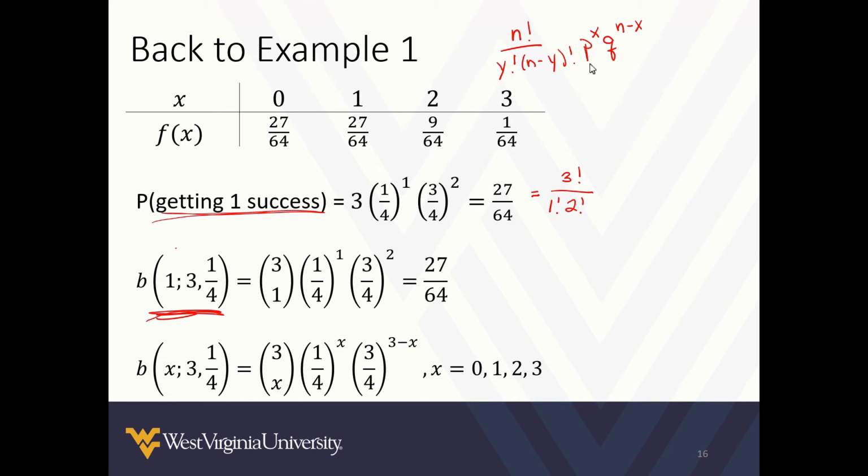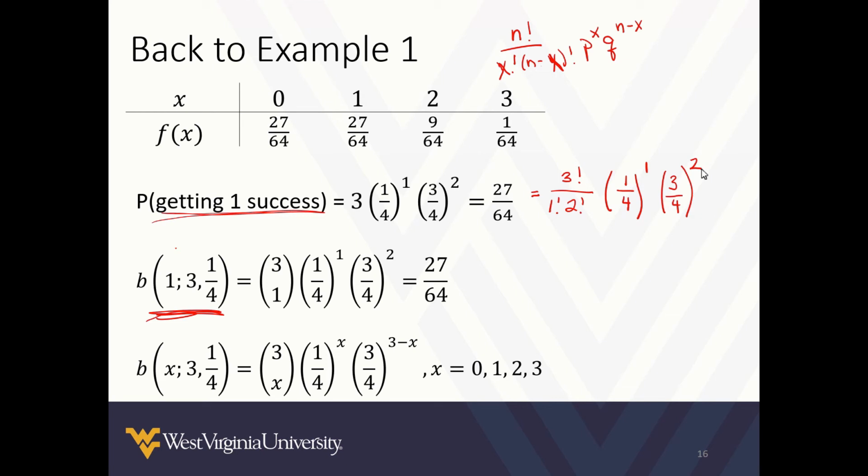Our probability of success was 1/4. And again, our x is 1. 1 minus 1/4 is 3/4. And n minus x is 2.